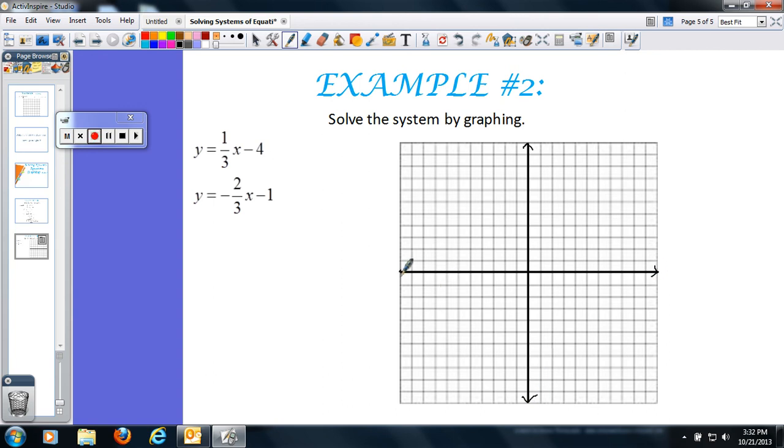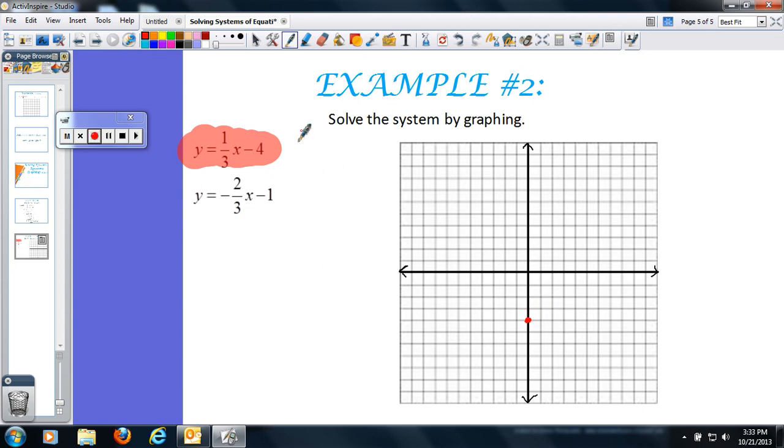Now I'm going to graph the first equation in red. I'm going to graph this just like we did the linear equations the last few weeks. So this is minus 4, so I'm going to go to minus 4, and I'm going to put a point.